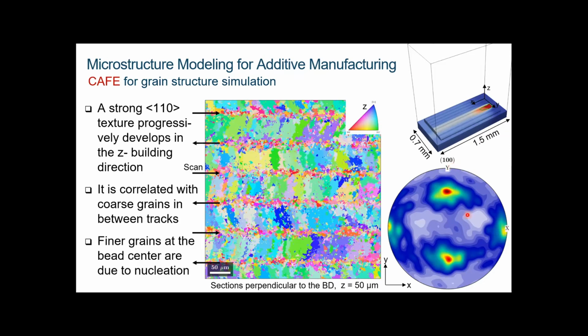And you also have a pole here around the x direction, which is the scanning direction for the 1,0,0 directions. So you have now a very textured material.